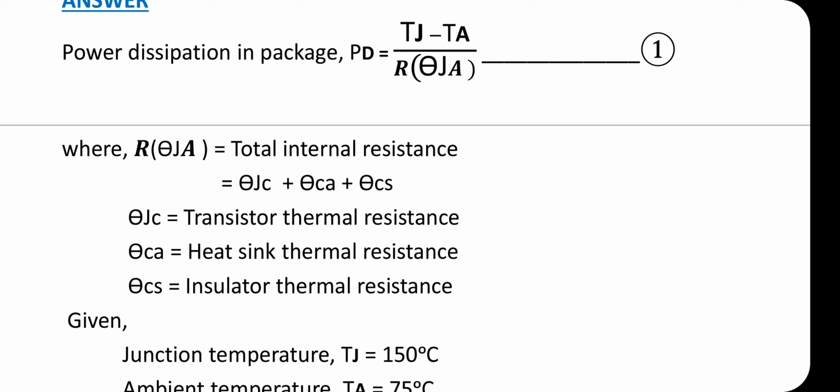Theta Ca is the heat sink thermal resistance, which is the resistance that the heat energy meets as it flows from hot junction to cold junction. Aluminium alloys are the most common heat sink material. Theta Cs is insulator thermal resistance. It is resistance to that flow in insulator material and is sometimes referred to as R value. Higher theta Cs means more efficient the material is.